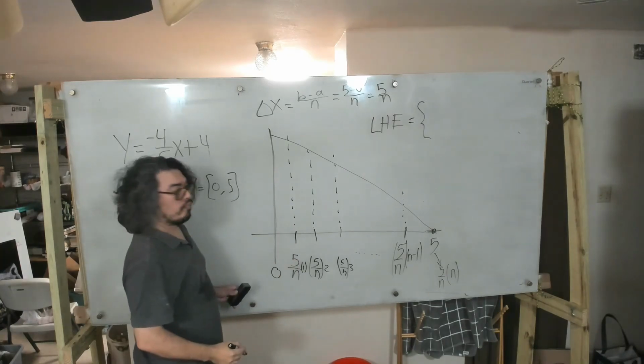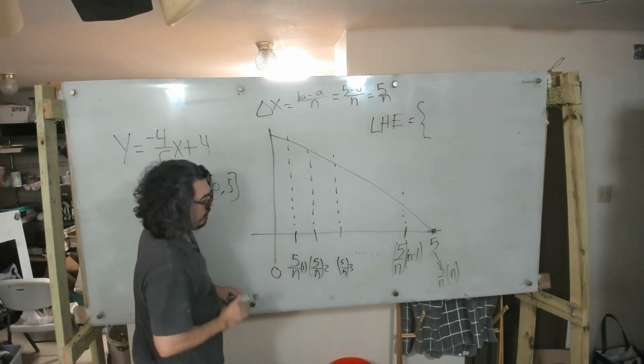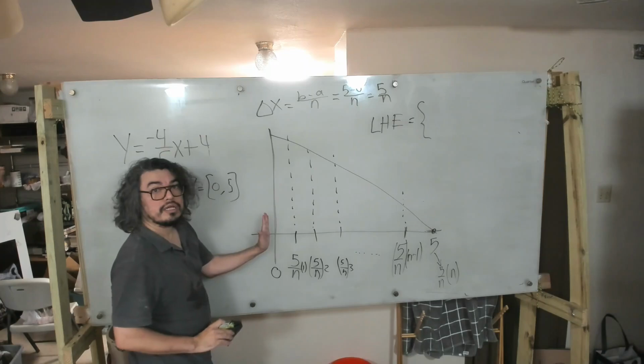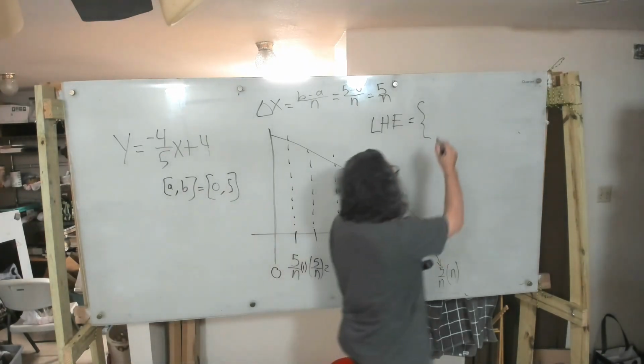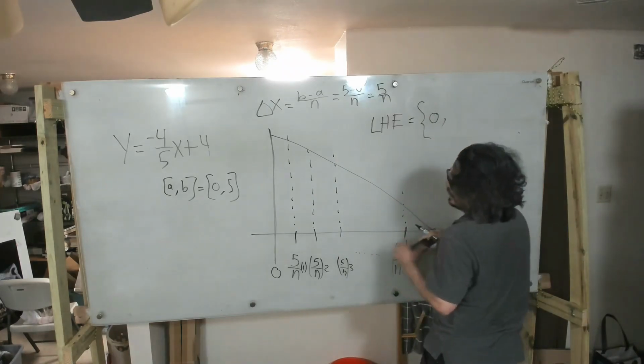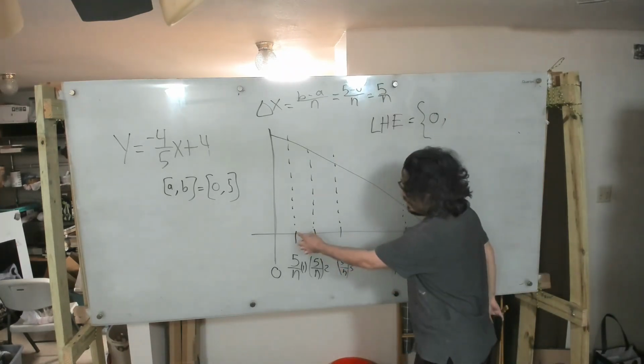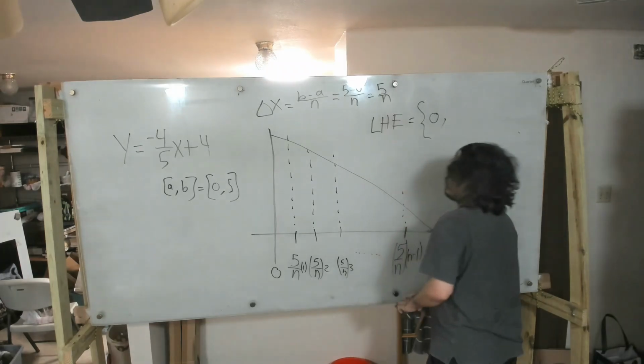Let's say we want the left-hand endpoints. Let's look at this carefully. The first left-hand endpoint will be in this case 0. For the second rectangle, the left-hand endpoint is 5 over n times 1.